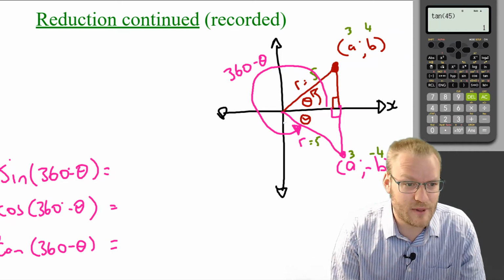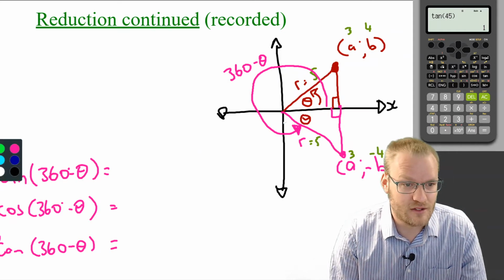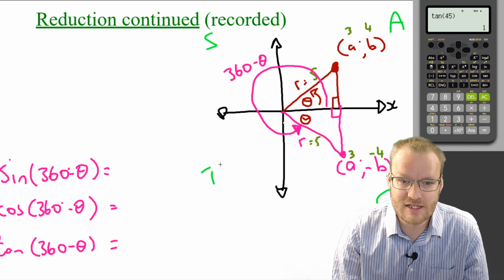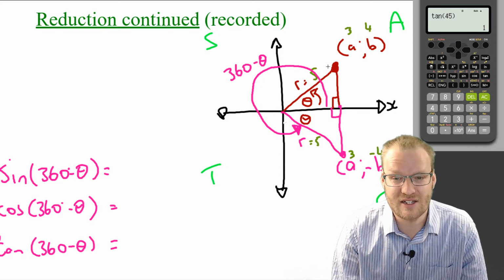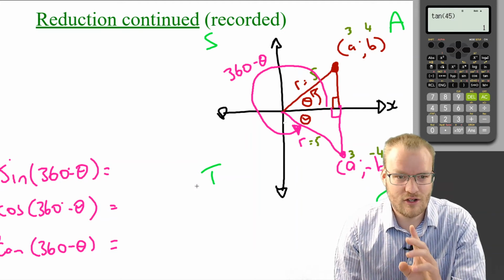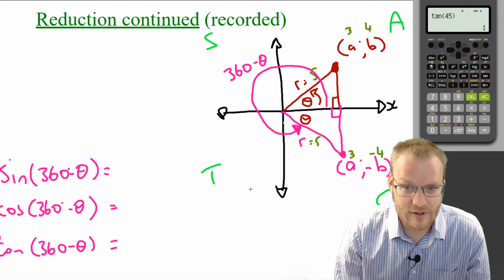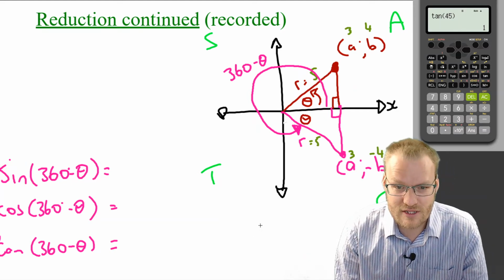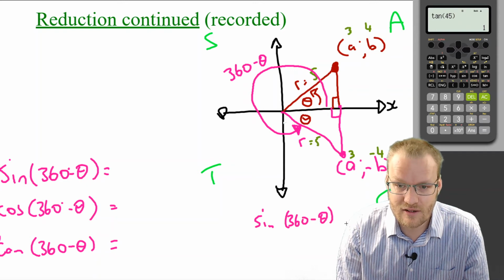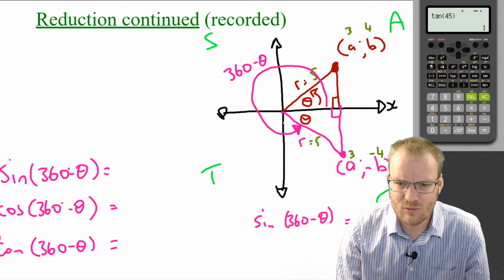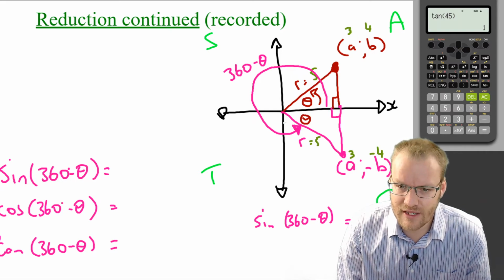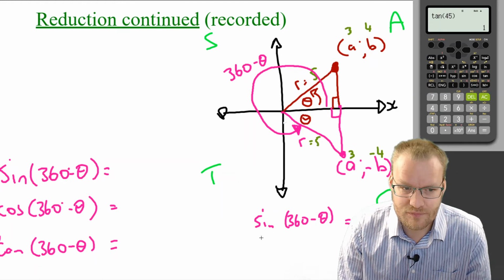Use the CAST diagram to remember these reduction formulae. So C, A, S, T. Cast, I always start with the A actually, thinking A is top right. Okay, so cos is the positive one. So if that logic works, then we're going to say, well, sine of 360 minus theta is going to be negative here, and it's going to be positive here, so it must be negative sine theta.